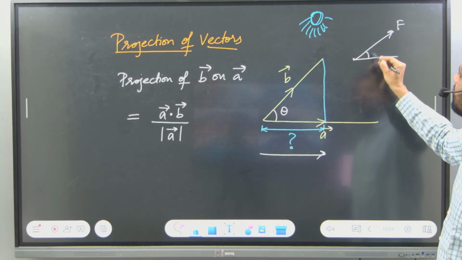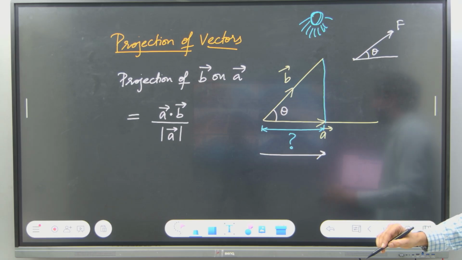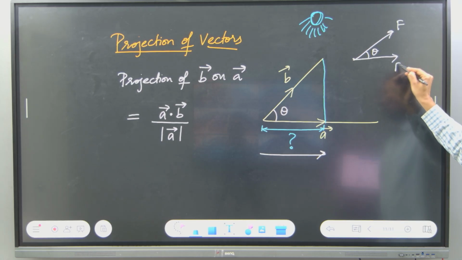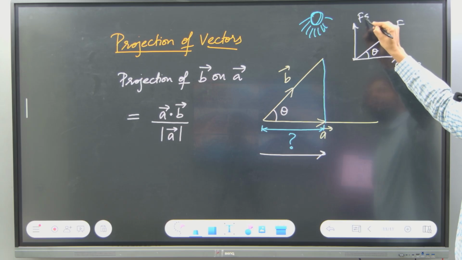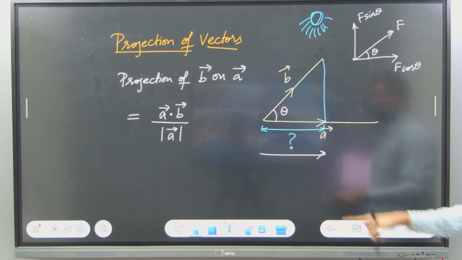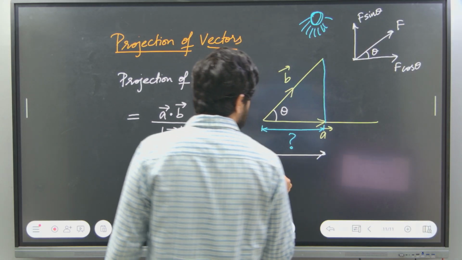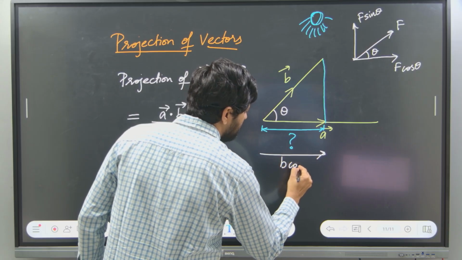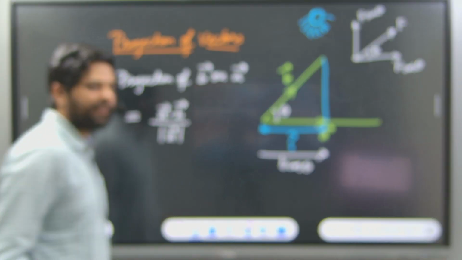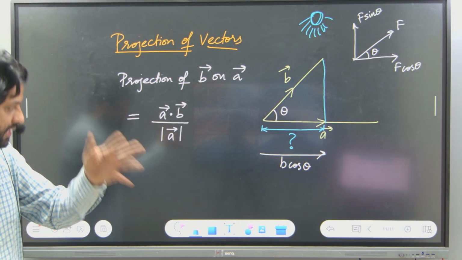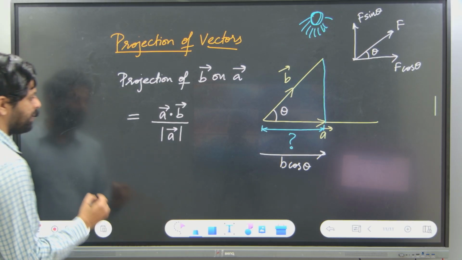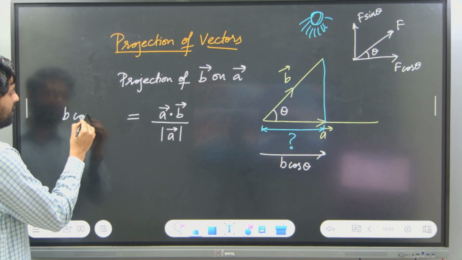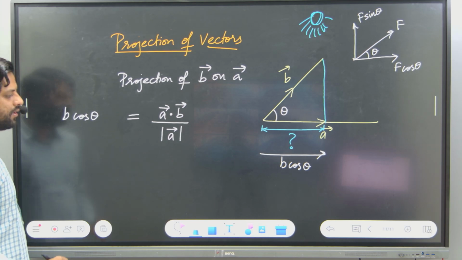If there is a force which is making an angle theta with the x-axis, then along the x-axis you have F cos theta, and along the y-axis you have F sin theta. So basically this is going to be B cos theta. Do you agree with that? Yes, we agree. So basically we are talking about B cos theta.